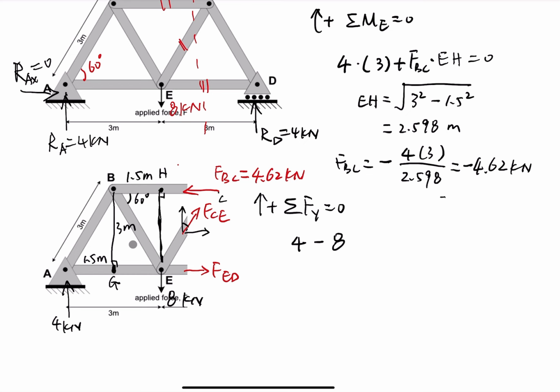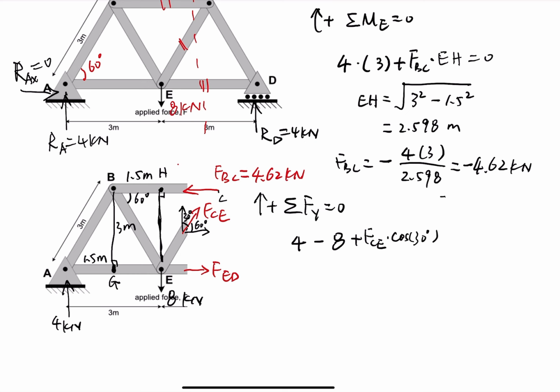If this angle is 60 degree, then this is 30 degree. The component of this force is positive, so it's FCE times cosine 30 degree, equal to 0.